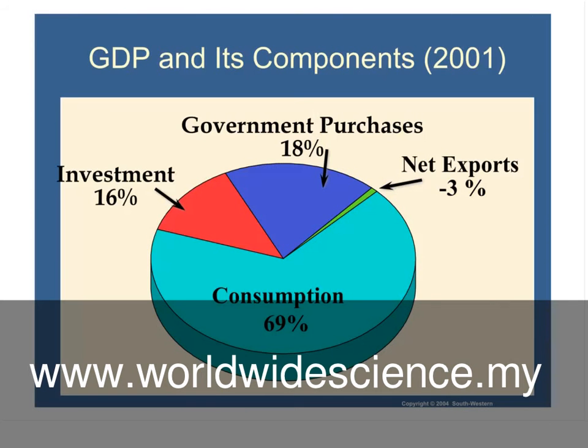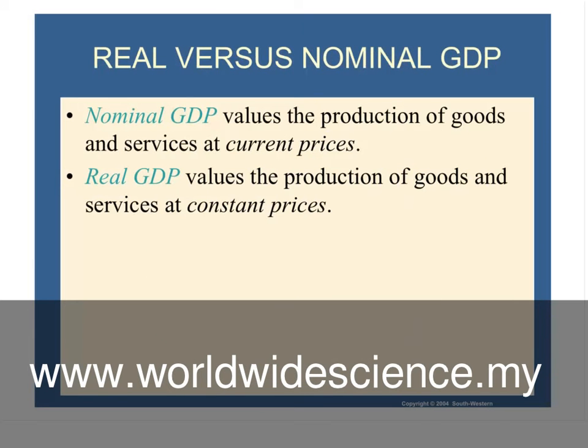So as you can see, GDP and its components. So we have government purchases, which is 18%, net exports, negative 3%, consumption 69%, investment is 16%. That was for 2001. Real versus nominal GDP. Nominal GDP values the production of goods and services at the current prices, but real, it will consider that as constant prices.